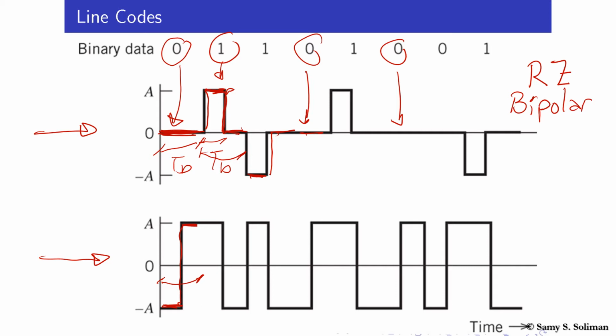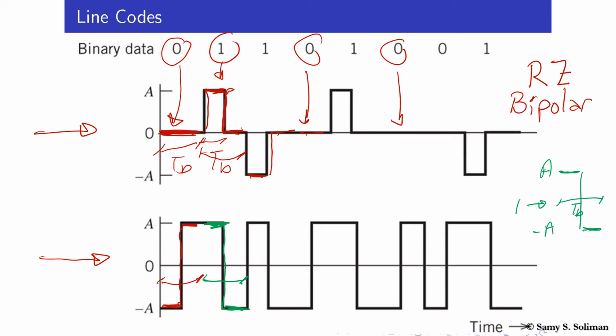And for bit 1, for the next TB, it is represented by positive A volts for half the duration, and then negative A volts for the remaining half of the bit duration. So if we draw them right here, bit 1 is represented by half positive A volts, and then the remaining half of the bit duration is represented by negative A volts. So we have here positive A and negative A, while this whole duration is TB.